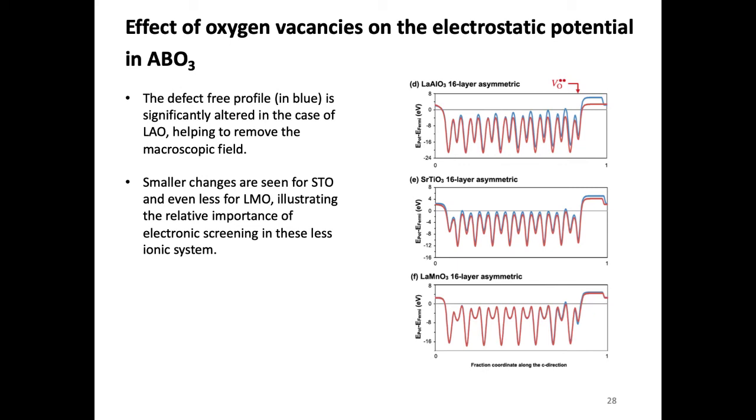So if I put oxygen vacancies on the right-hand side, you see the internal electric field disappears. However, smaller changes are seen for STO and even less for LMO, illustrating the relative importance of electronic screening in these less ionic systems.